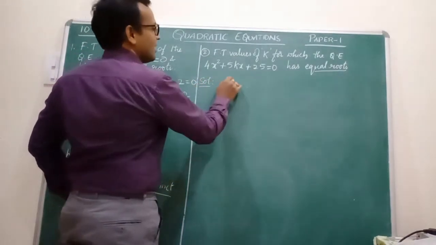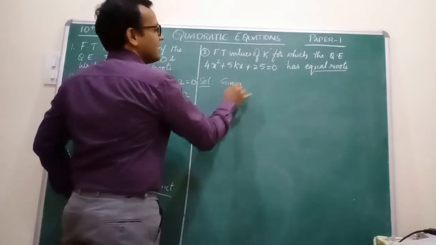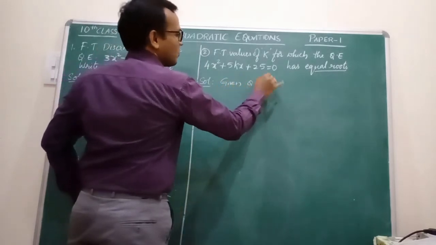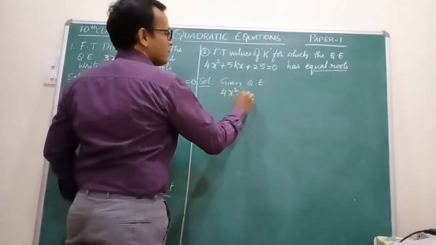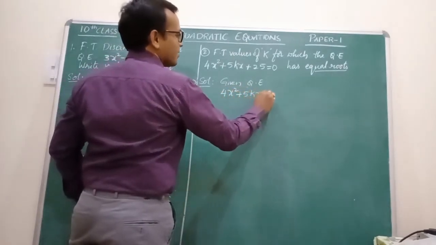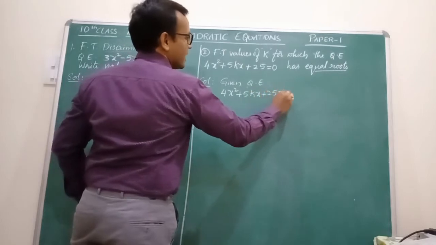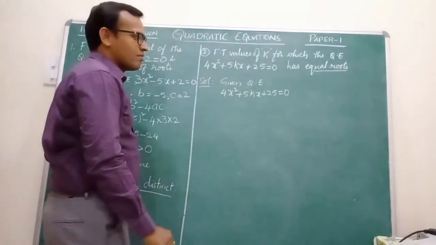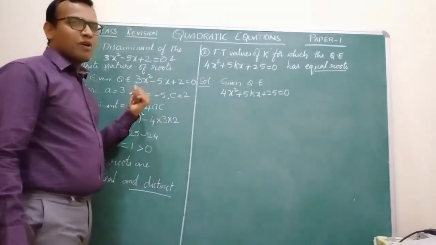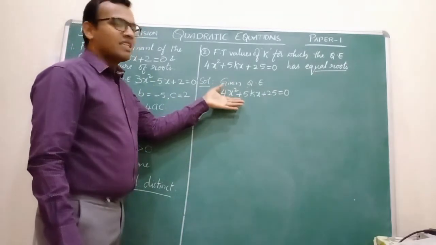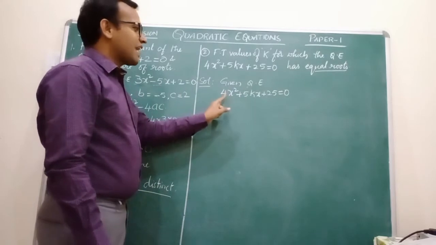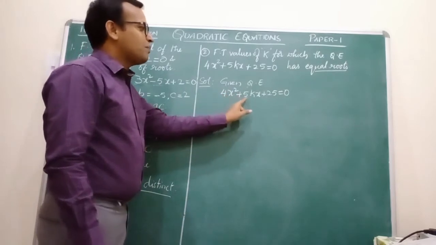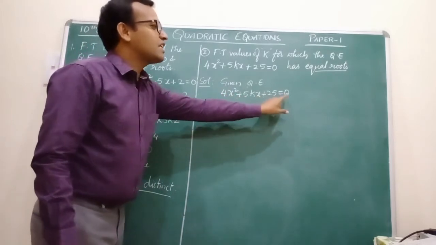Solution. The given quadratic equation is 4x square plus 5kx plus 25 equal to 0. As I already told in the previous problem, we need to compare the given quadratic equation with the general form, ax square plus bx plus c is equal to 0.